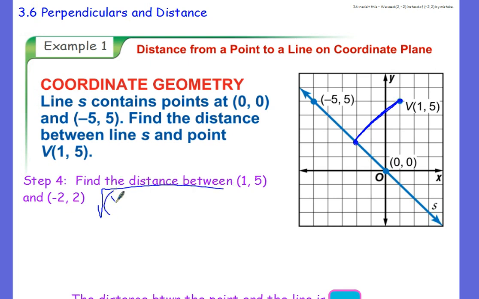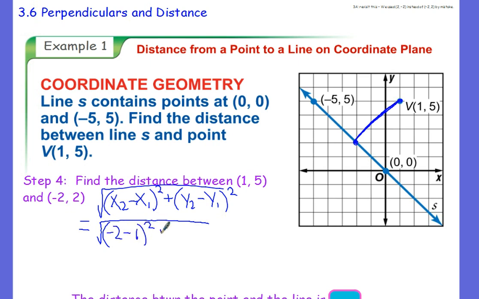That is the square root of (x2 minus x1) squared plus (y2 minus y1) squared. Go ahead and substitute things in carefully there. So my x2 minus my x1, I could do negative 2 minus 1, squared, plus I could do 2 minus 5, squared.